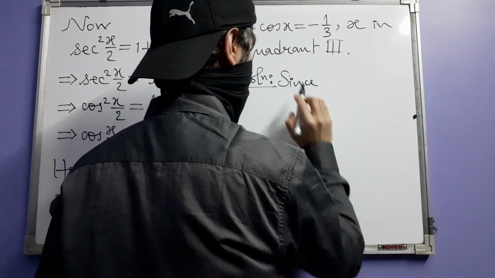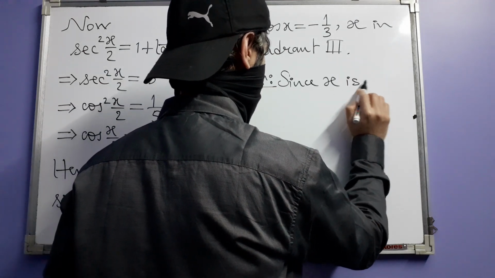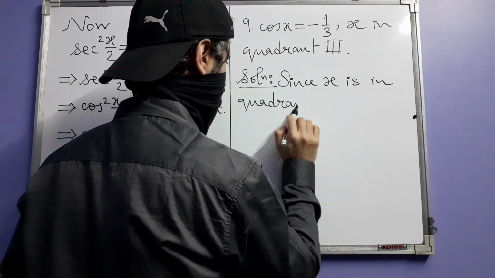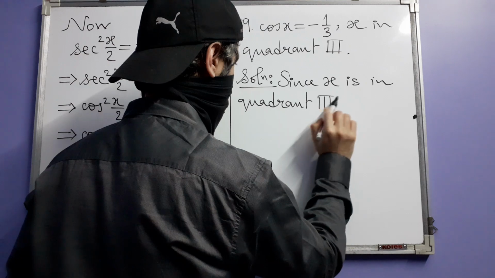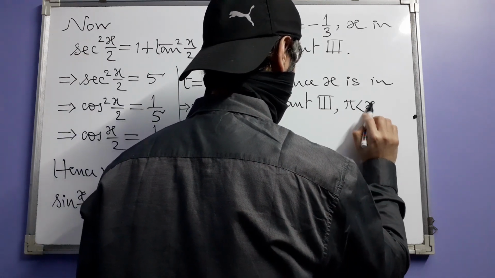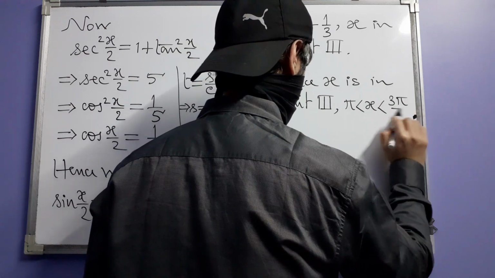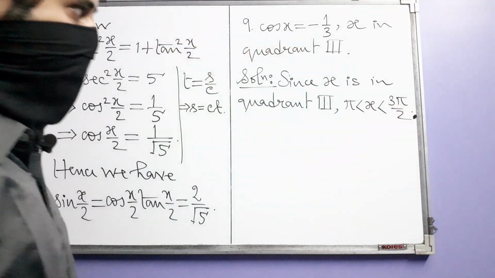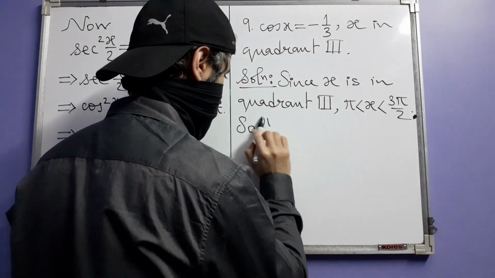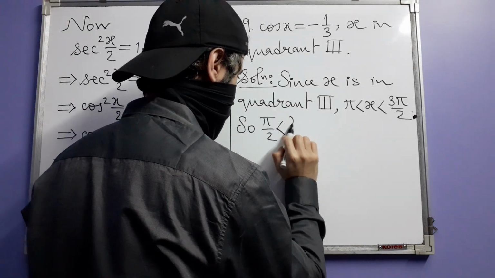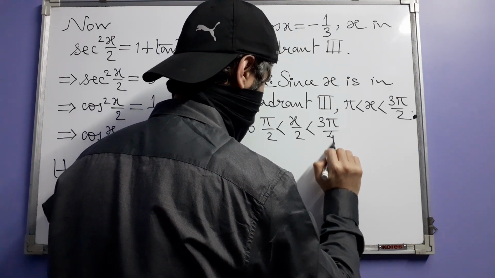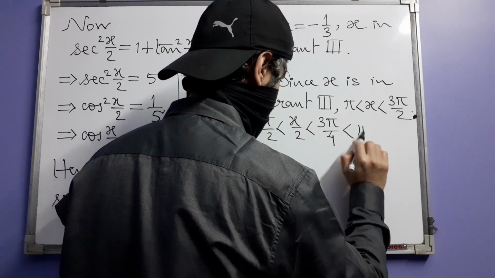Since x is in quadrant 3, it will be greater than pi and less than 3 pi divided by 2. So, dividing throughout by 2, we will get, and note that this is less than pi.